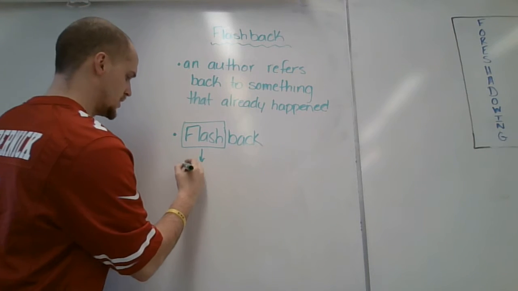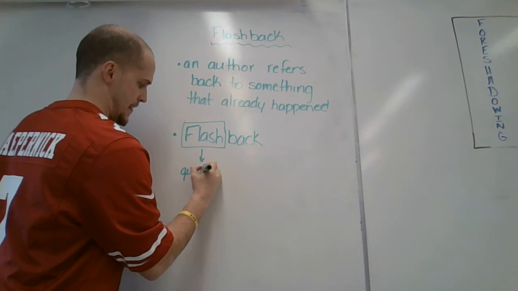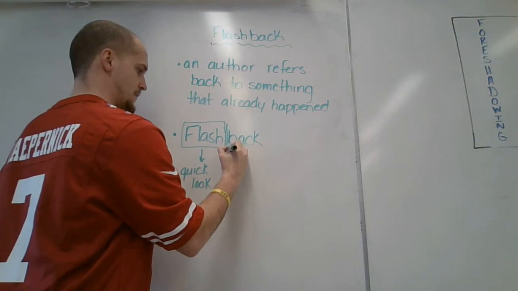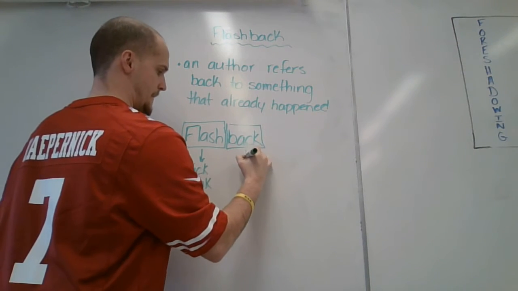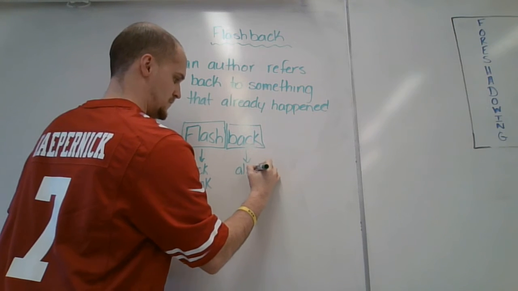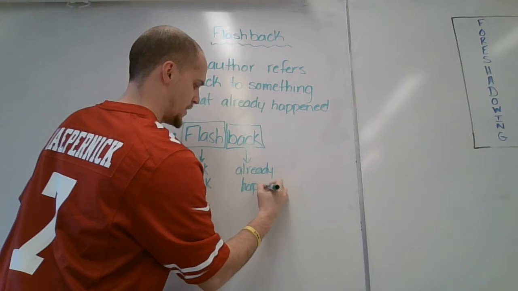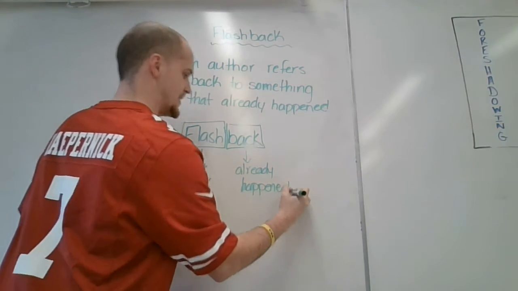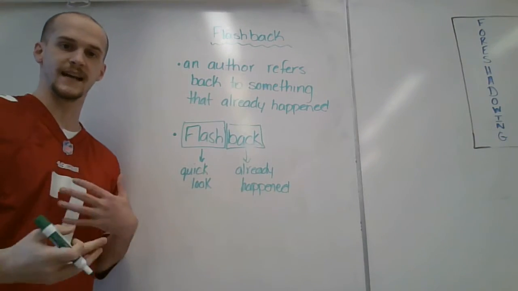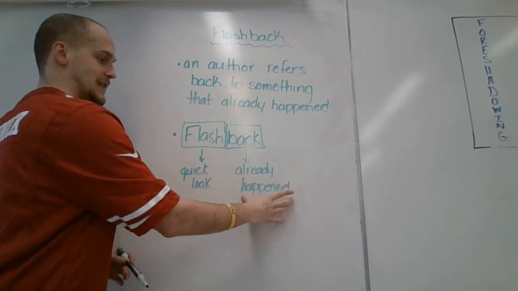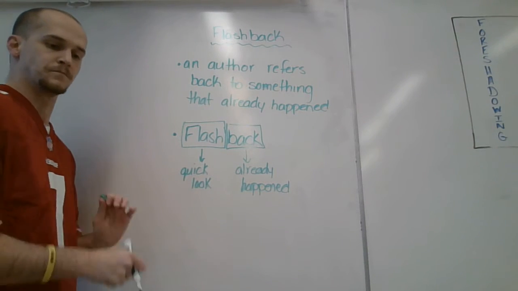Flash is a quick look. And then back being already happened. So however you want to remember it, either by the definition or by breaking the word down, it still kind of means the same thing. A flashback is a quick look at something that already happened.